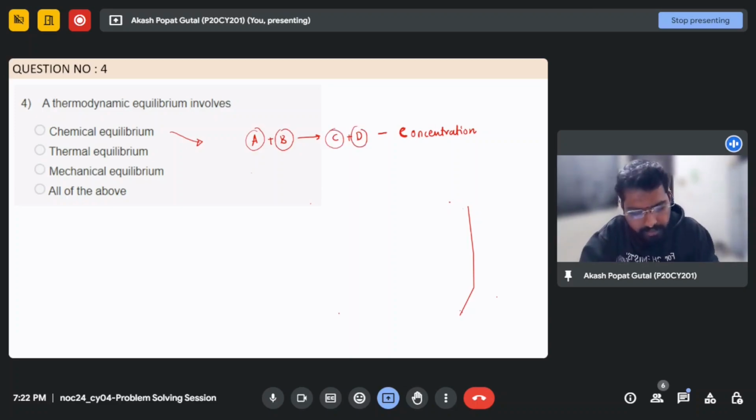If it does not change, then we say the reaction is under equilibrium, chemical equilibrium.